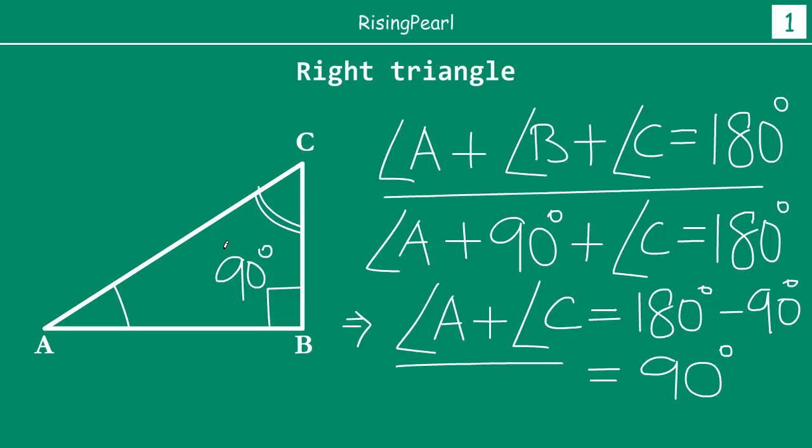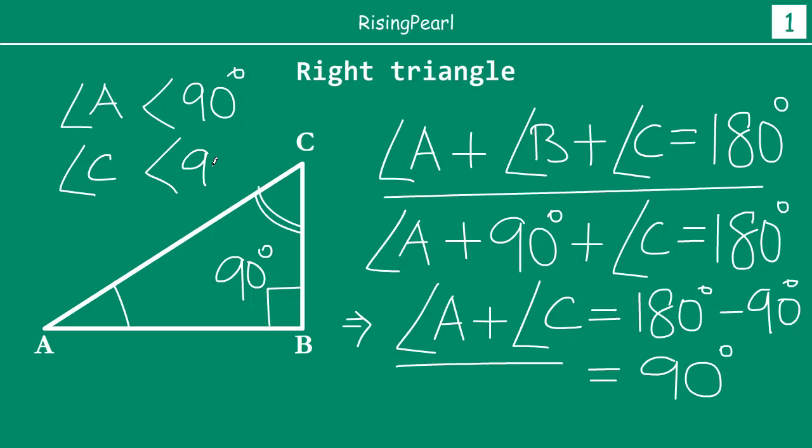That means each of the angles by themselves is less than 90 degrees. So we have angle A less than 90 degrees and angle C less than 90 degrees. The reason we are saying this, friends, is because when you add them you get 90 degrees. So each one of them cannot be 90 degrees or more.